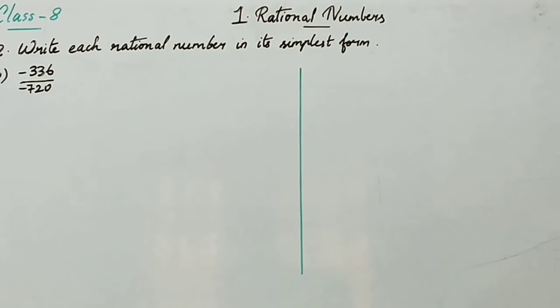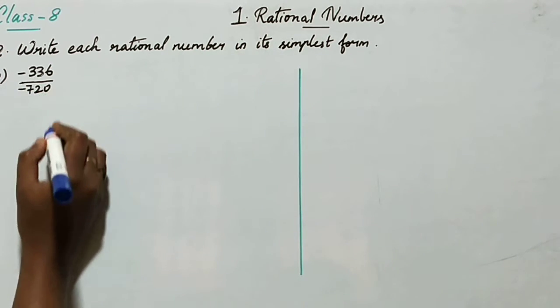Okay. So the next question is question B. Minus 336 divided by minus 720. Okay. So minus 336 divided by minus 720. So here in the numerator and denominator I have a negative sign over there. Right. So this minus can be cancelled. Okay.